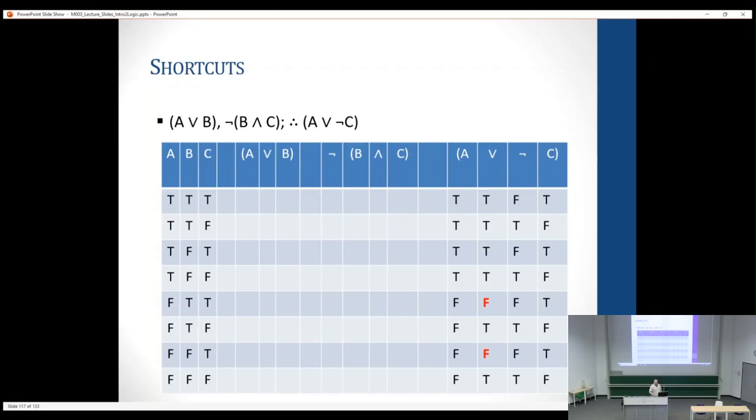Now the next step is we go through and we see on those two rows, is there any way on those valuations for even one of our premises to be false? So we can fill those in. And here we can help ourselves out by, again, trying to see, can we make one of the premises false?